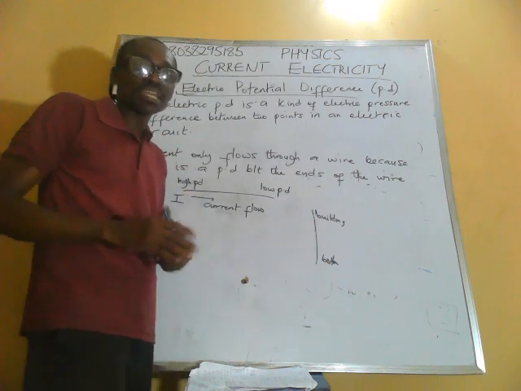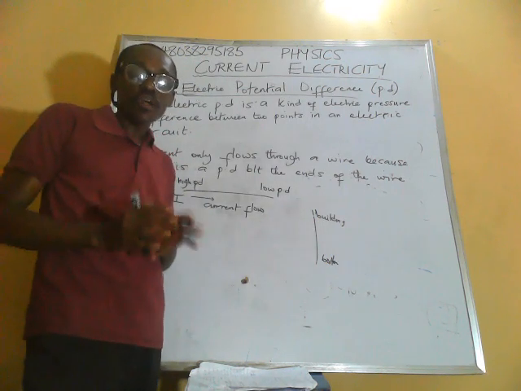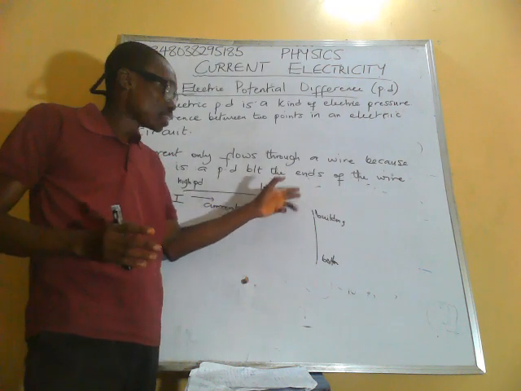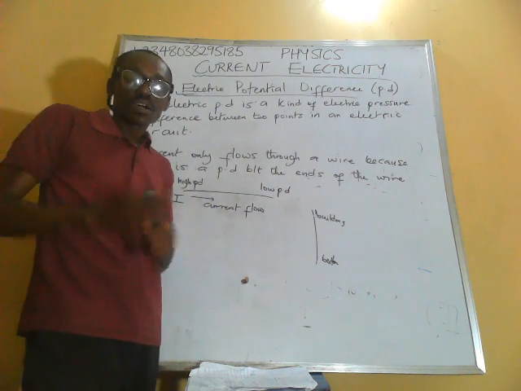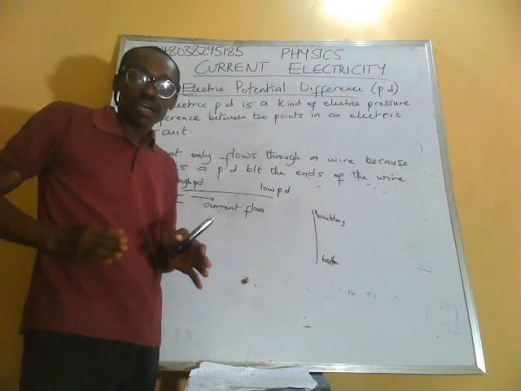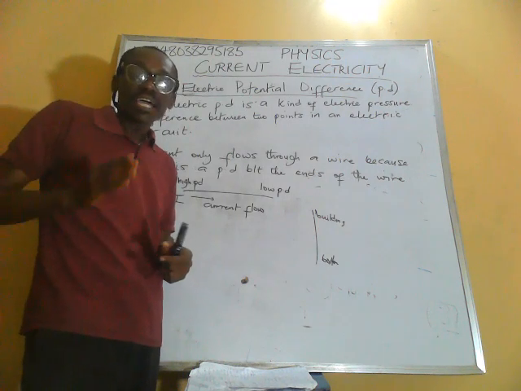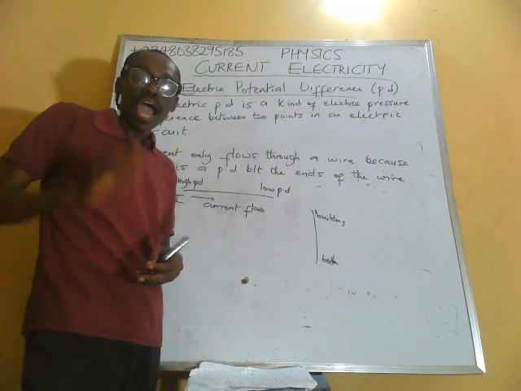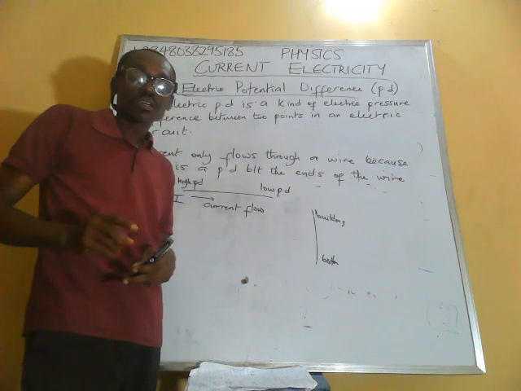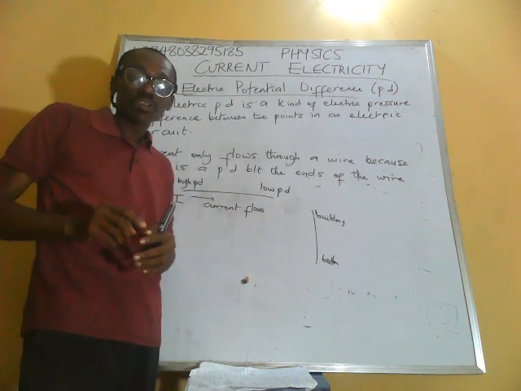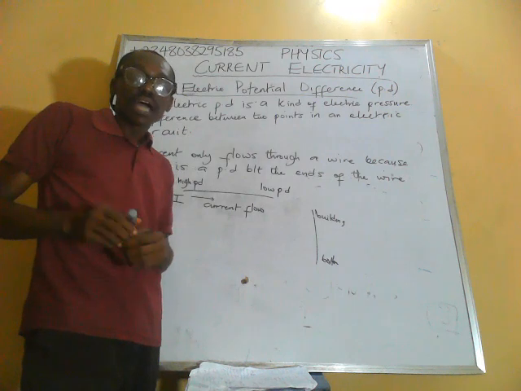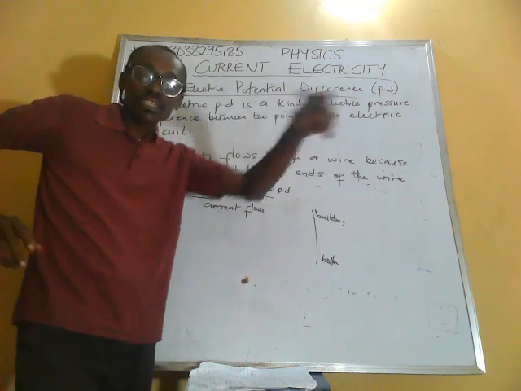So the same in electric circuits. For current to flow from one point in a circuit to another one, the point from which current is flowing must be at a higher electric potential, higher electric pressure. The electric pressure there must be greater than where the current is flowing to.